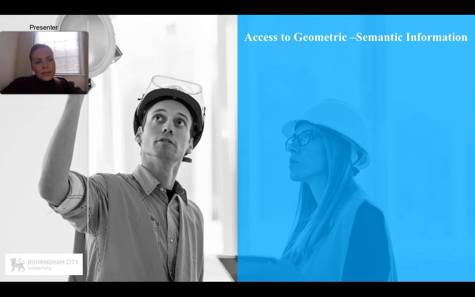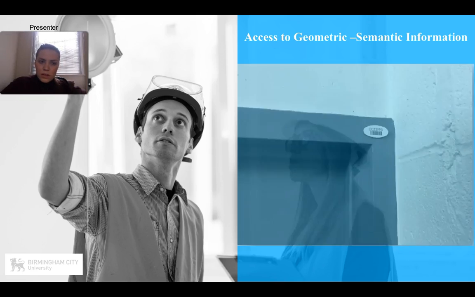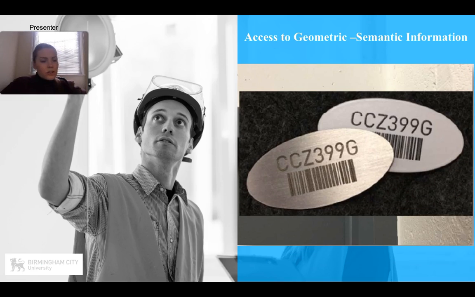So the asset information currently for both Parkside and Curzon is retrievable via barcodes, which are actually physical steel plate barcodes located all across the building. And if you ever get a chance to walk through Parkside building or Curzon, just pay a little bit more attention to your surroundings, and you'll notice that these barcodes are typically located next to the door frame of any classroom.